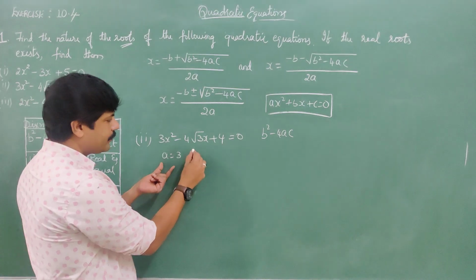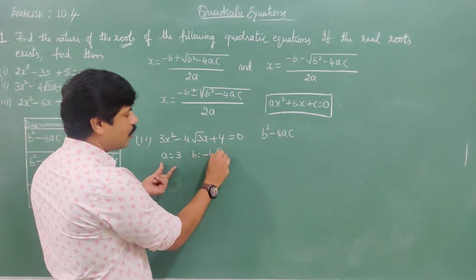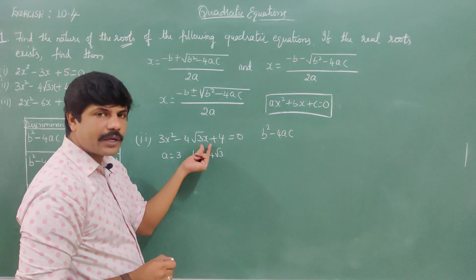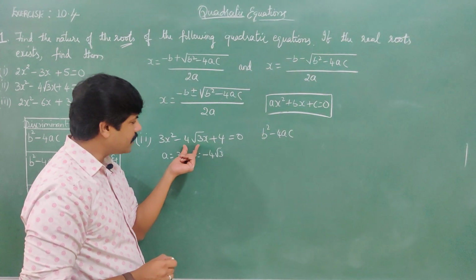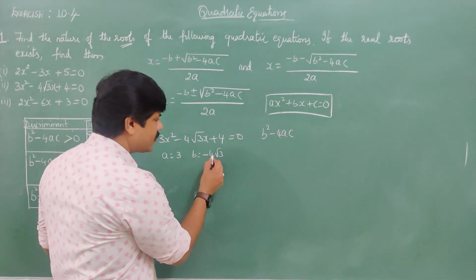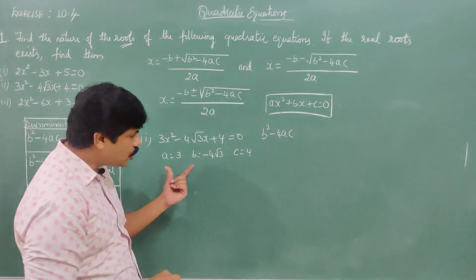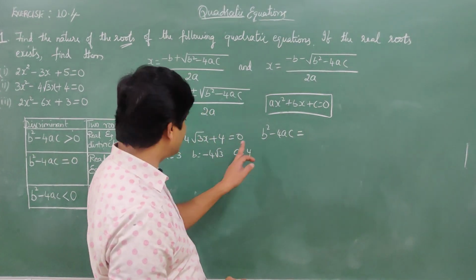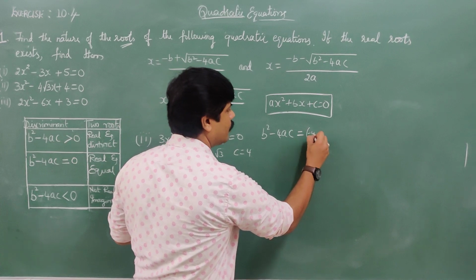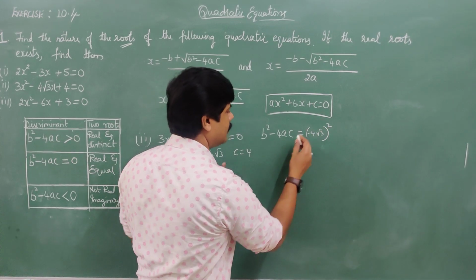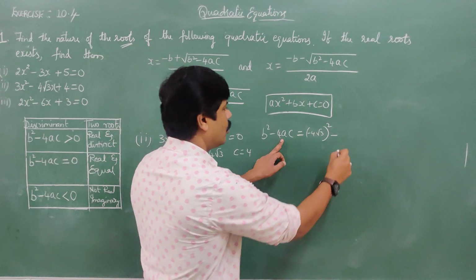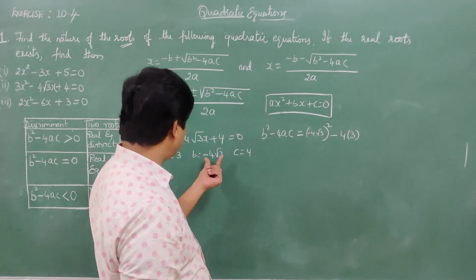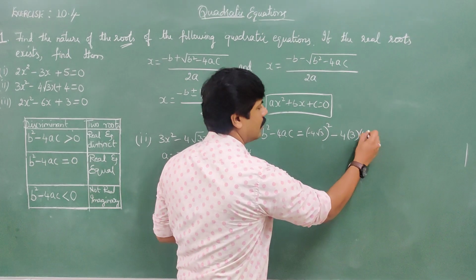So a is equal to 3, b is equal to minus 4 root 3, because the coefficient of x in the standard equation is b, and in this equation it is minus 4 root 3, and the constant value c is 4. Substitute these values in the discriminant. What is b square here? Minus 4 root 3 whole square, minus 4 times a, which is 3, and c, which is 4.